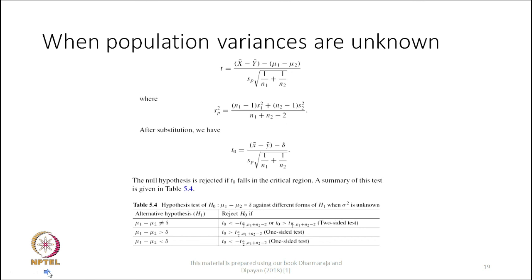Accordingly, you will land up with the t distribution with the denominator S suffix p, that is the pooled sample standard deviation. Fine. The population variances are unknown and you assume that they are equal, then you identify the pooled sample variance, and you get the t distribution with n1 plus n2 minus 2 degrees of freedom, where n1 is the sample size of the first population.